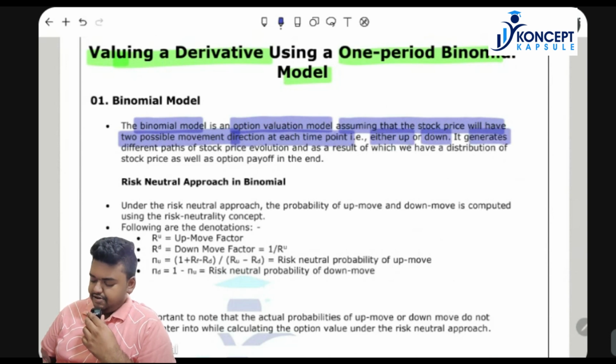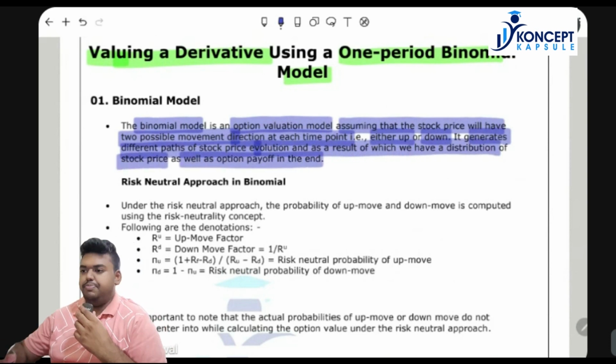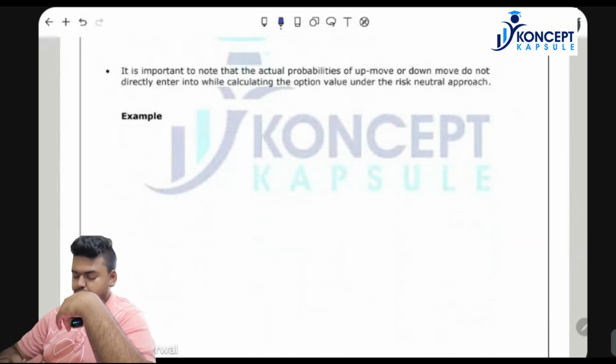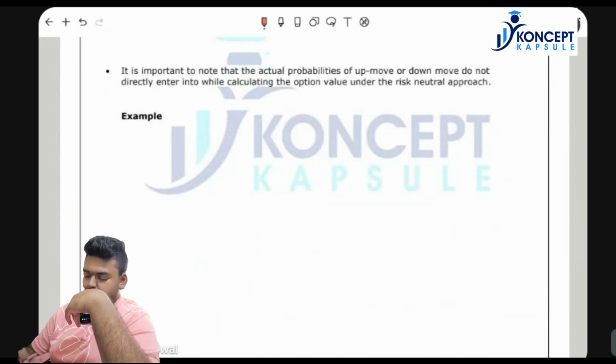It generates different paths of stock evolution, and as a result of which we have a distribution of stock prices as well as option payoff at the end. So what are these? Now let us understand this entire text.